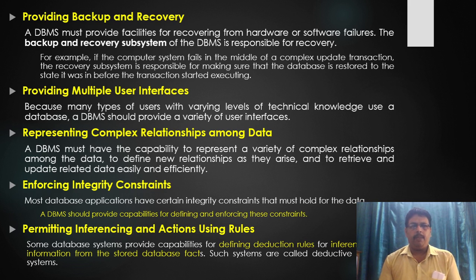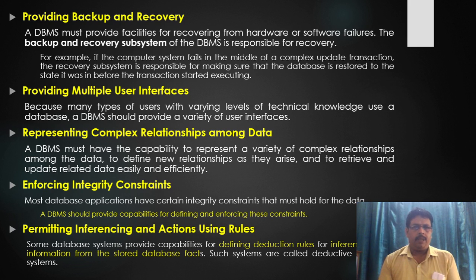Next is providing multiple user interfaces. About this we have already discussed in the characteristics. Different users have to perform different tasks, and that is managed by providing different or multi-user interfaces. Next is representing complex relationships among the data.